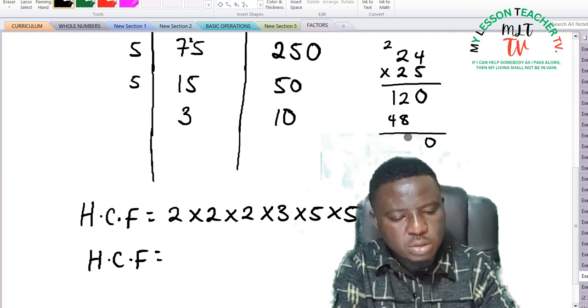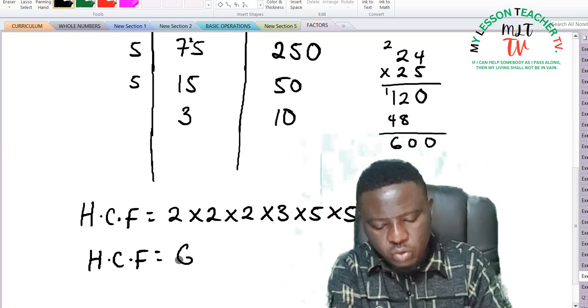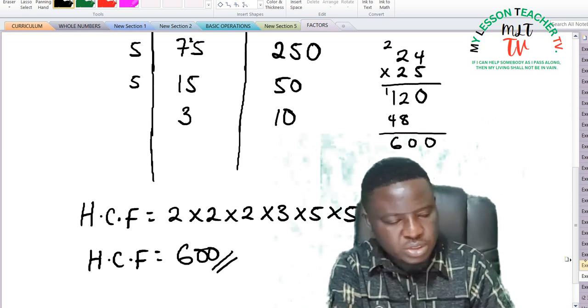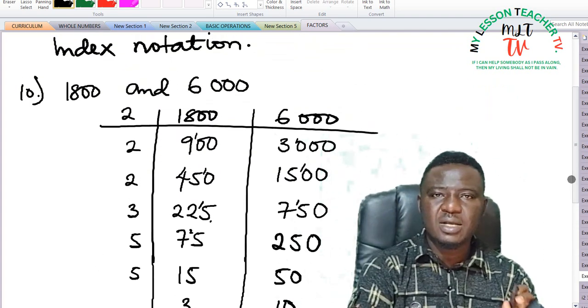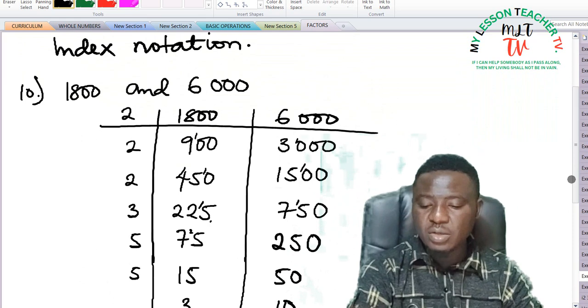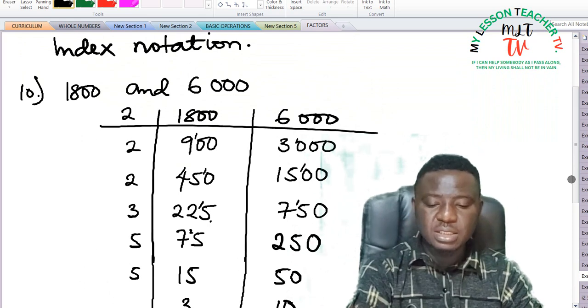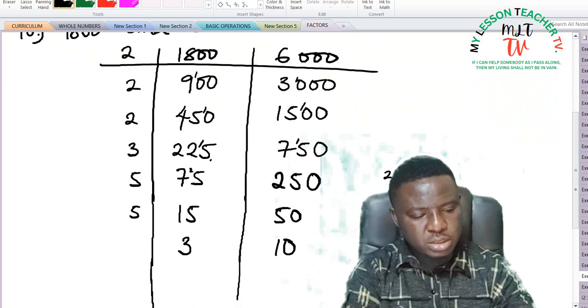So this gives us 10 carry 1, this is 5, 600. So our HCF is 600, meaning that the highest common factor of 1,800 and 6,000 is 600.